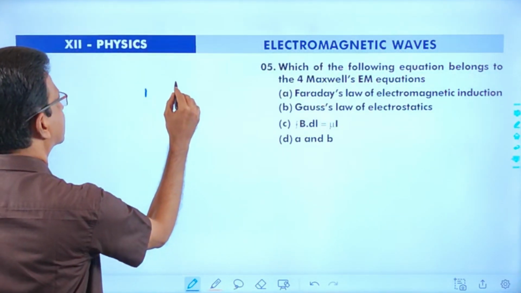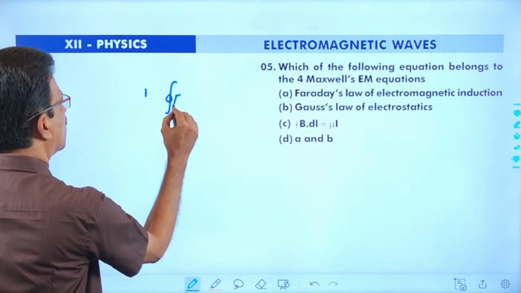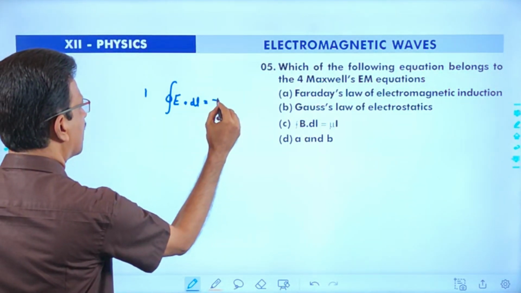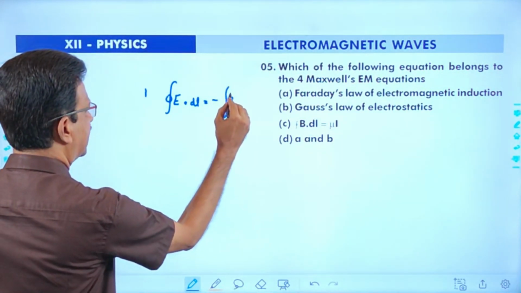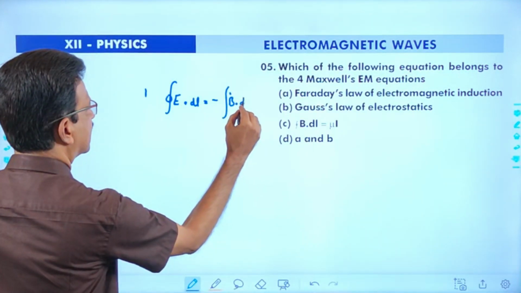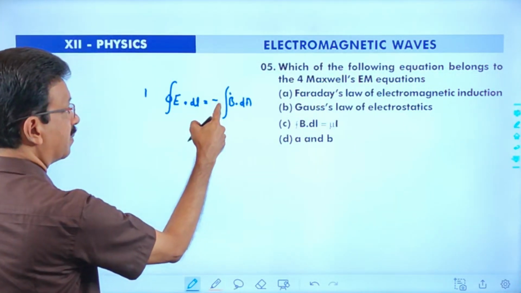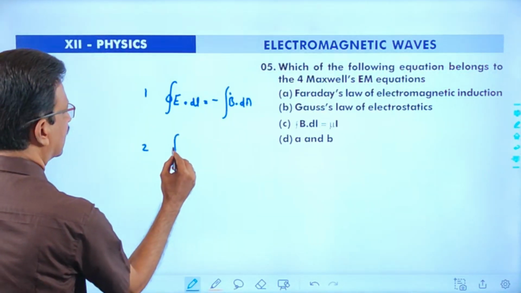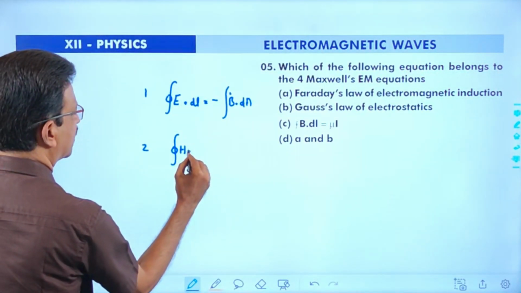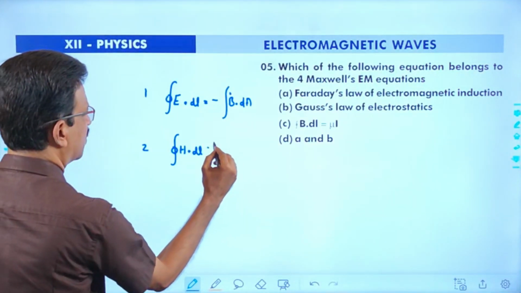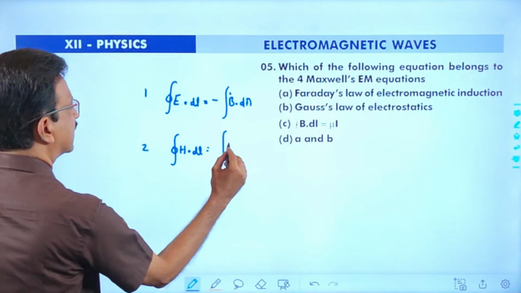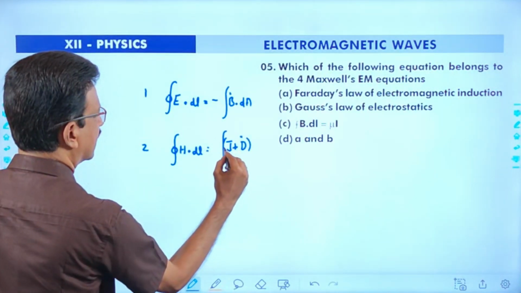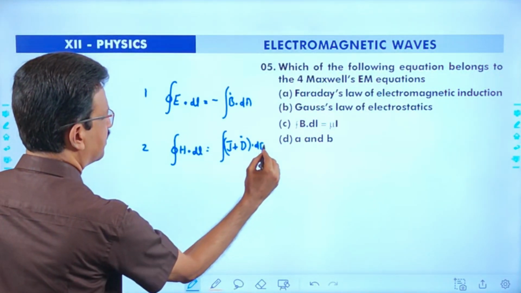First one, closed integral of E dot dl equal to minus of B dot dA, where B dot means d by dt of B. Second one is closed integral of H dot dl equal to integral of J plus D dot, dA.